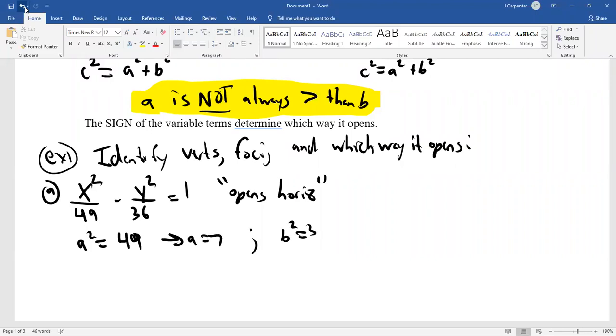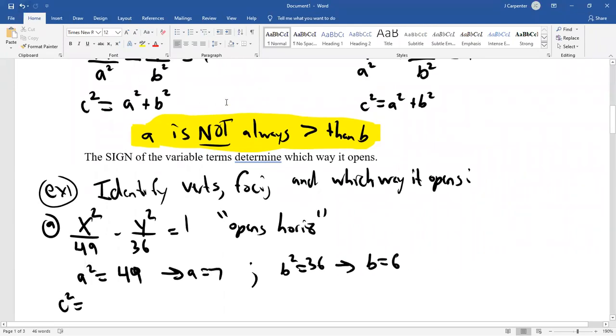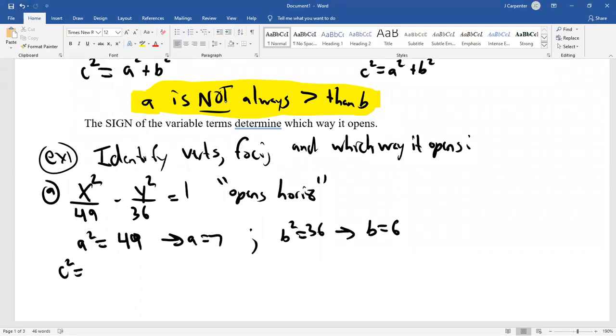b squared is the 36. So that makes b 6, taking the square root. Then c squared is supposed to be the sum of the squares, kind of like Pythagorean. So it's going to be 7 squared plus 6 squared. Sure, you could have just written 49 plus 36, which is 85. So c squared is 85.